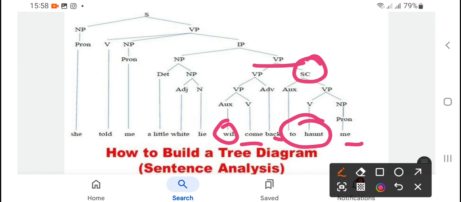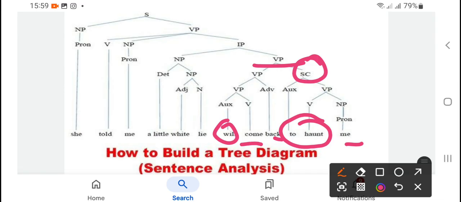So that is subject verb we can say, or subject verb is SV, or subject complement SC, a verb that requires a subject complement to complete the sentence. That is why this is called inflectional phrase. Why? Because these words are used to complete the sentence, right? Through linking verb, and linking verb is will, right?